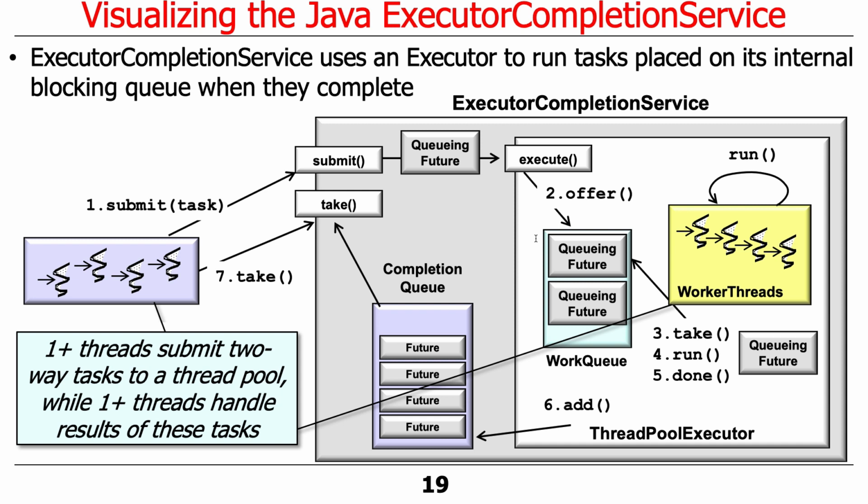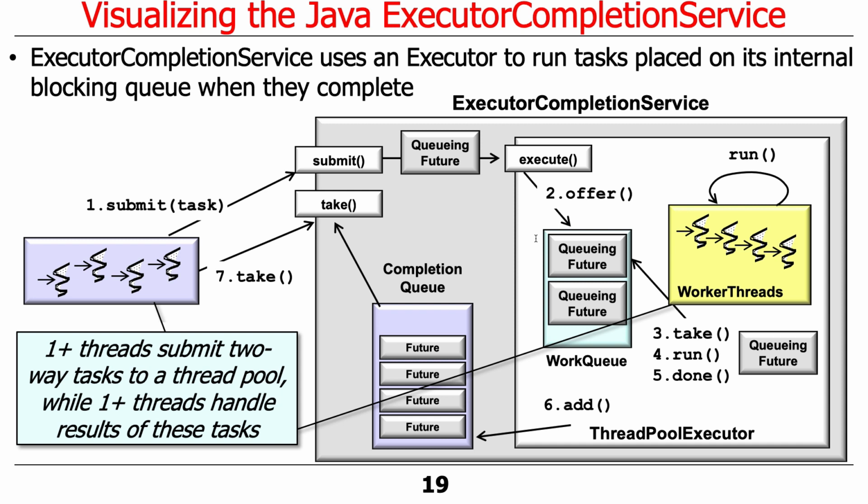So the high-level view is you have one or more client threads, those are the things you see on the left, submitting tasks to the executor completion service, which is what you see on the right. And inside the executor completion service is a pool of threads to do the computations. And then one or more client threads can wait to get the results back from the thread pool that's running those computations asynchronously.